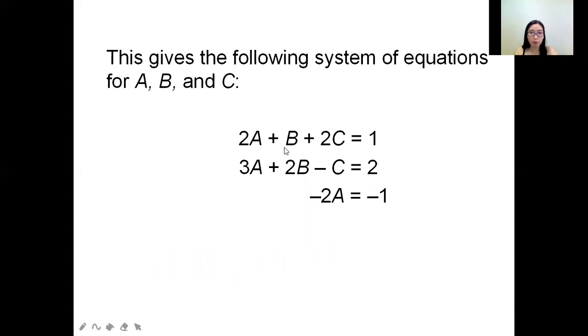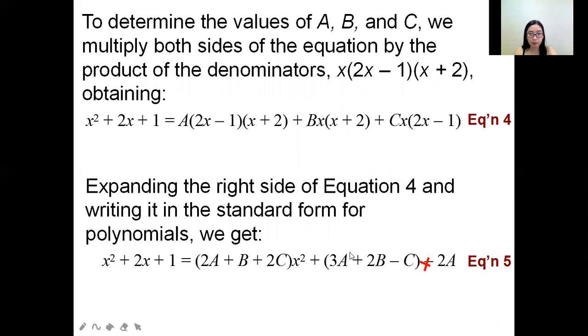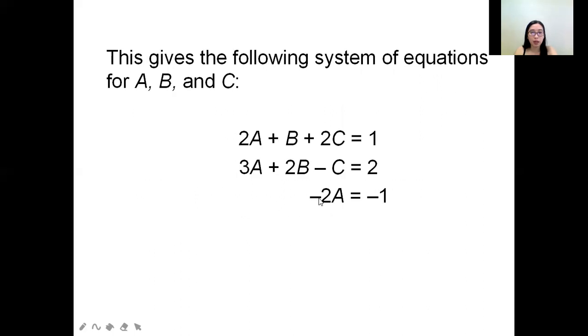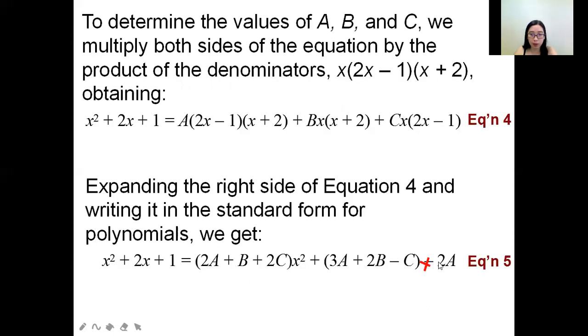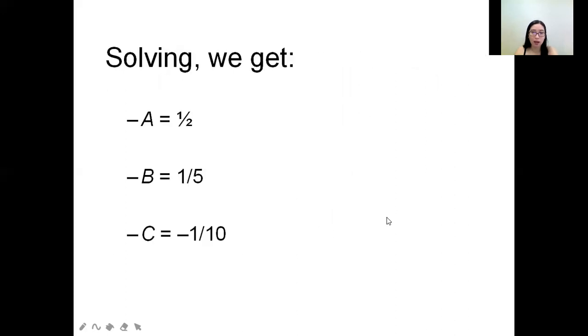So, 2A plus B plus 2C is equal to 1, and 3A plus 2B minus C is equal to 2. Okay? So negative 2A, because minus 2A is equal to negative 1.